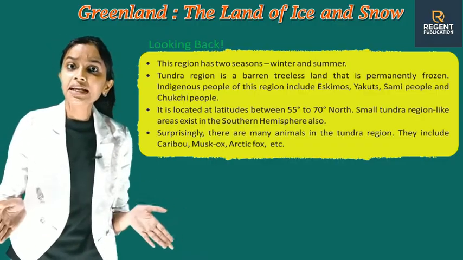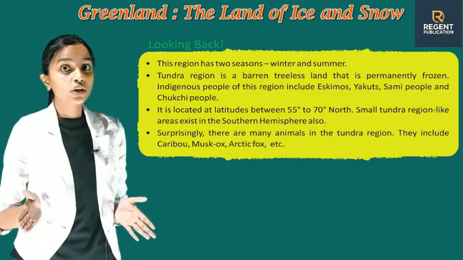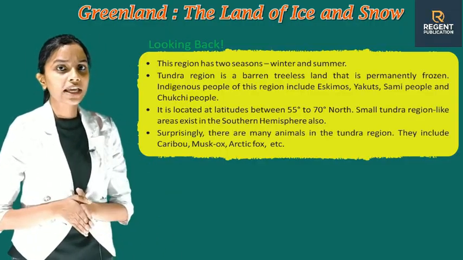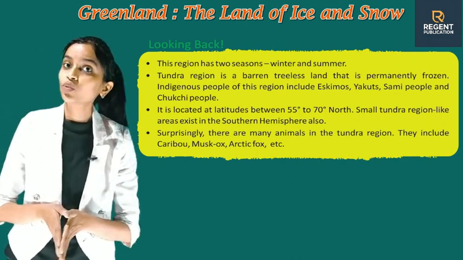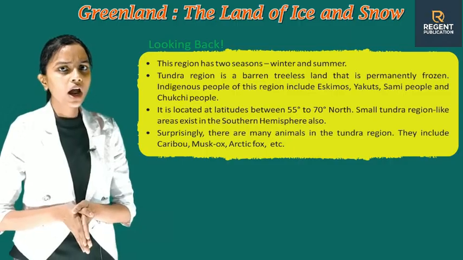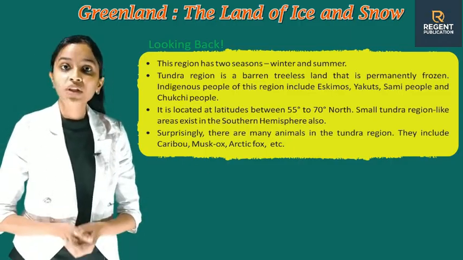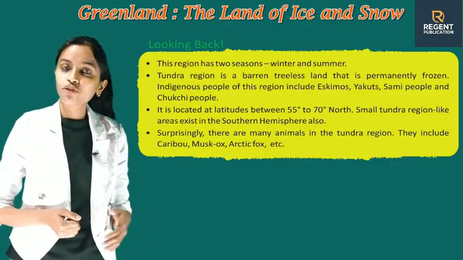It is located at latitudes between 55 degrees to 70 degrees north. Small tundra-like areas exist in the southern hemisphere also. Surprisingly, there are many animals in the tundra region. They include caribou, musk ox, Arctic fox, etc.